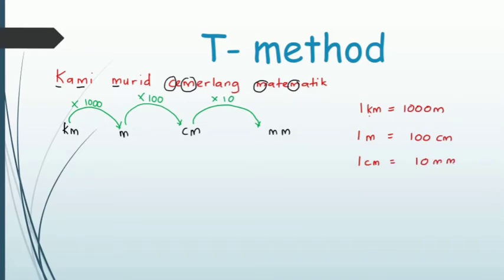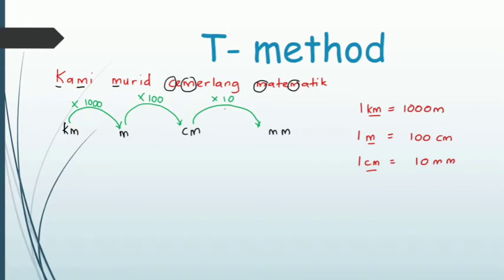So kilometer is the biggest unit, and when we convert kilometer to meter, we are going to do times 1000, and from meter to centimeter, we are going to do times 100, and from centimeter to millimeter, we are going to do times 10.